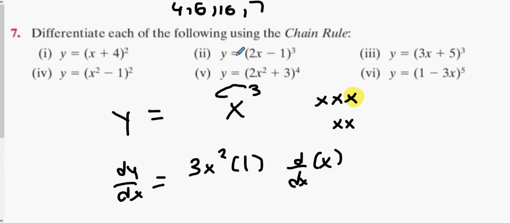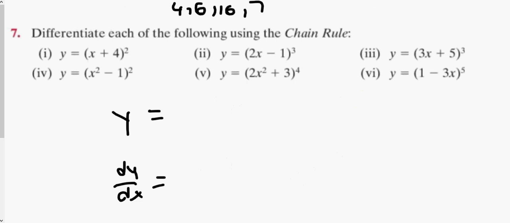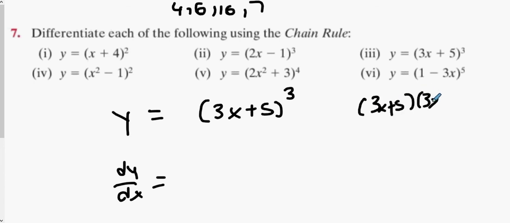Now, taking what I just showed you, what can you tell me about this question here? It's very similar to what we just did. How many of them is there in a chain? Would you agree there's 3 of them? So what happens when we bring the 3 to the front? Just goes there. What happens to the power?